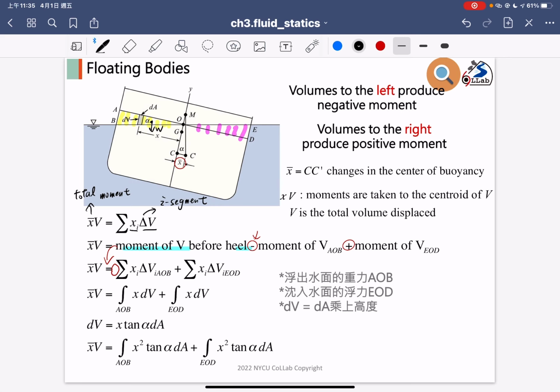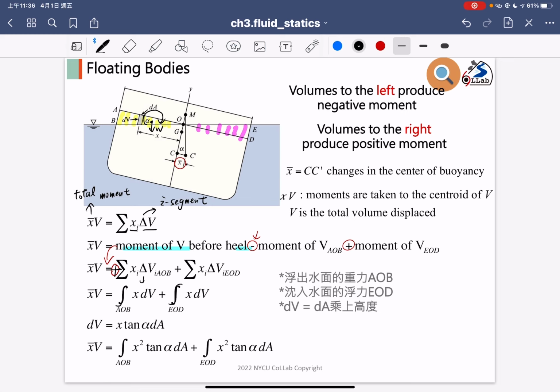So the moment will be a positive moment. But on the left hand side, if the volume is immersed into the liquid, it will have a negative moment, so it's a counterclockwise moment. Okay, so the minus changes, so there is the positive. And we move to the integrations.